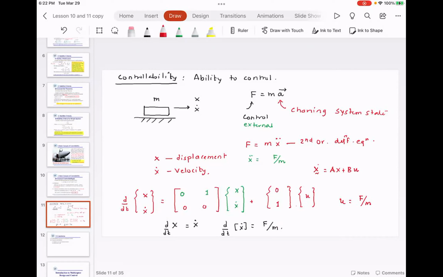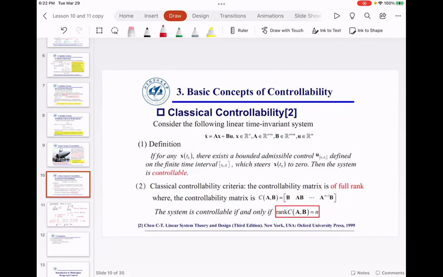And now I want to investigate something called the controllability of this system. To do this, you construct something called a controllability matrix.